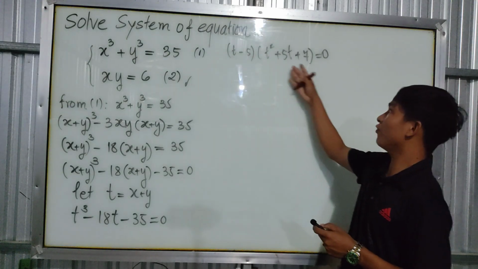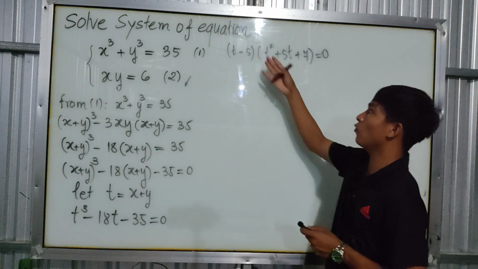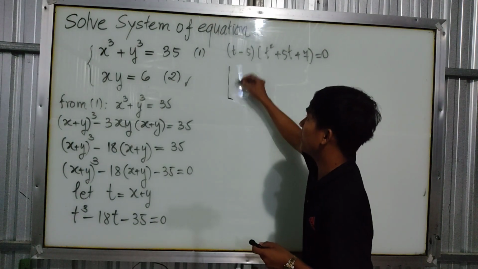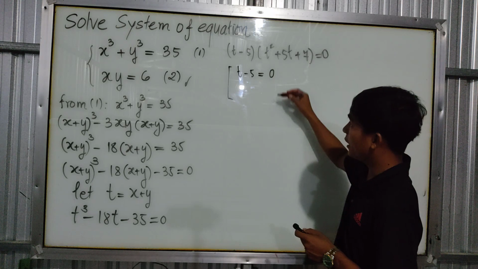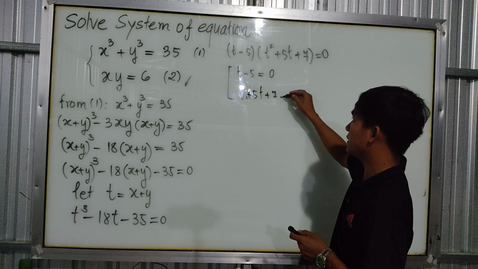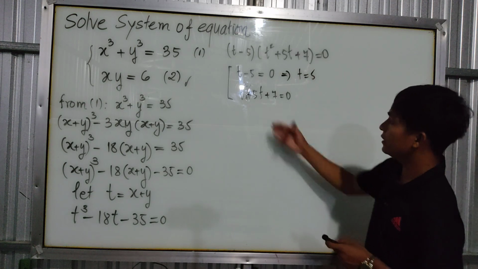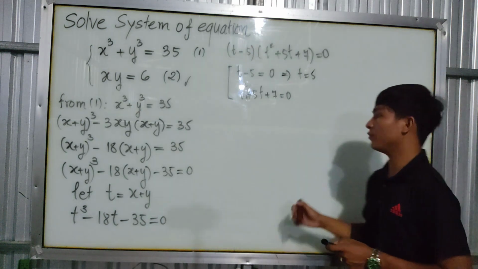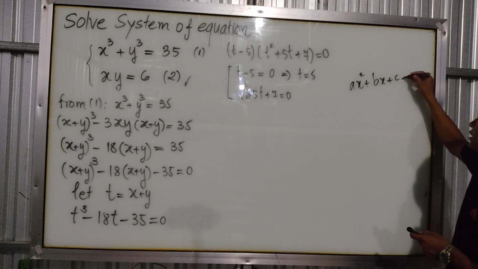Now we have two factors whose product is equal to 0, so one factor equals 0 or the other factor equals 0. We write t minus 5 is equal to 0, and t squared plus 5t plus 7 is equal to 0. From the first we get t is equal to 5. The second equation is of second degree, of the form ax squared plus bx plus c equals 0.